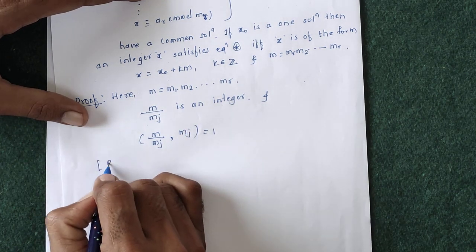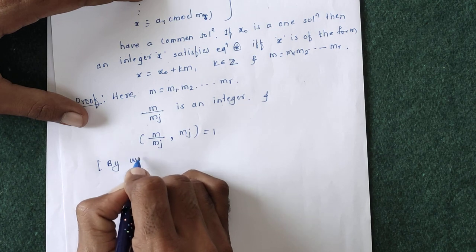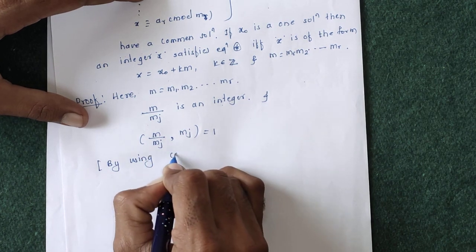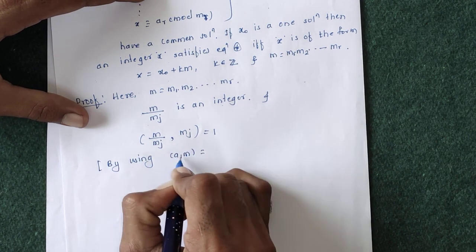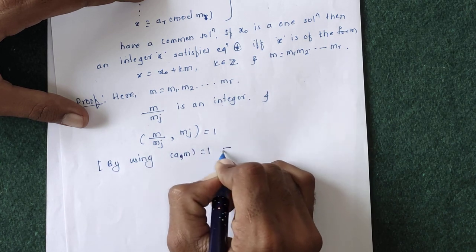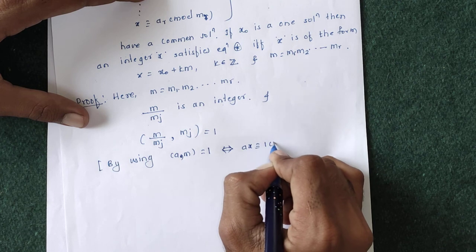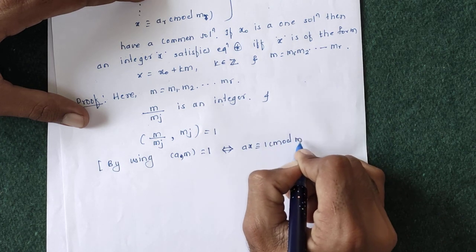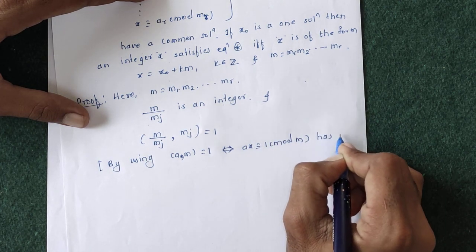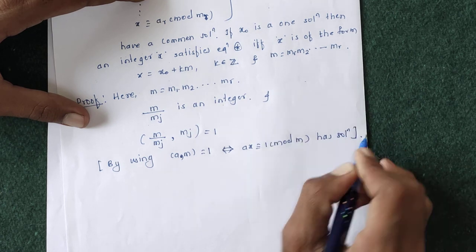So by using this result, the GCD of a and m is equal to 1 if and only if ax is congruent to 1 mod m has a solution.